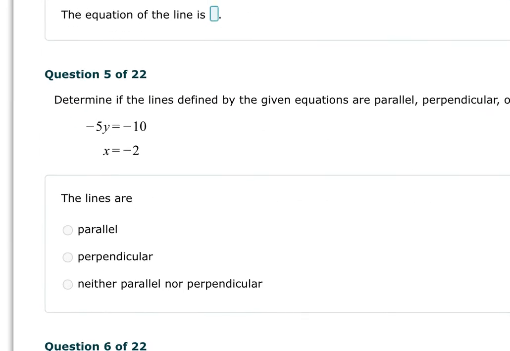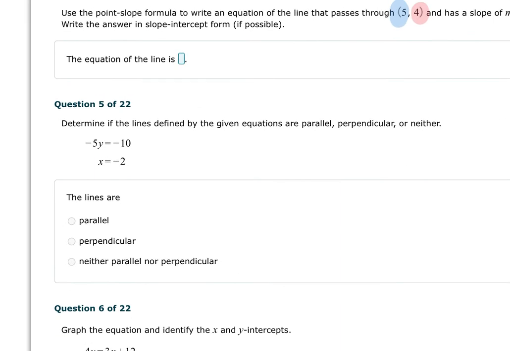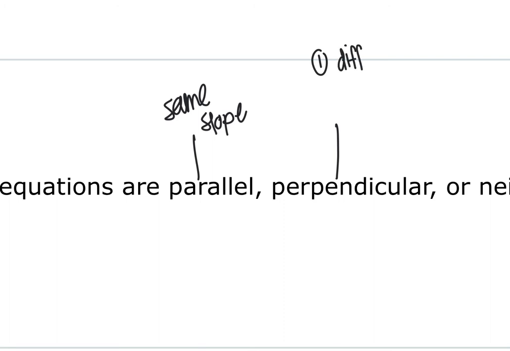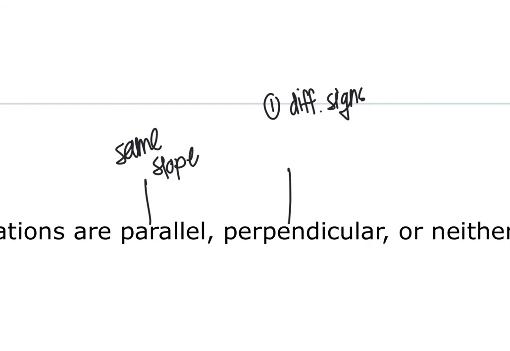Now on number 5, it wants us to determine if the lines are parallel, perpendicular, or neither. Well, if lines are parallel, that means they have the same slope. If lines are perpendicular, they have to accomplish two things. They have to be different signs, and in the notes or in a textbook, you would see that written as opposite.